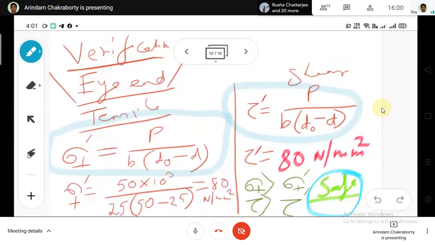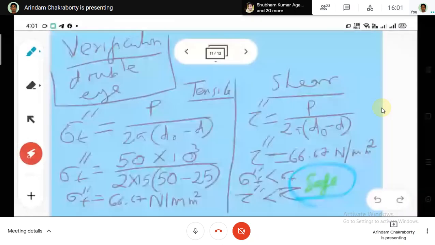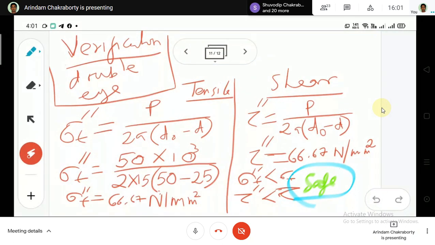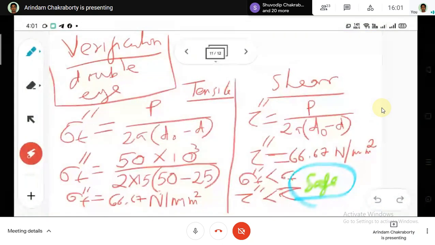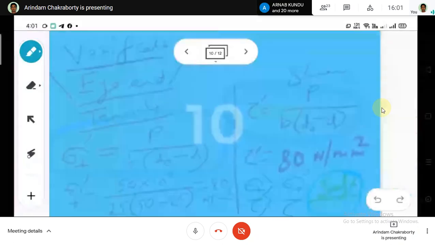So the thing is, if anyone fails to be safe, that means among these 1, 2, 3 and 4, if any one of them fails to be safe, the design will be unsafe. That means you have to redo the calculation and see whether there is an error, or you have to change the dimension.